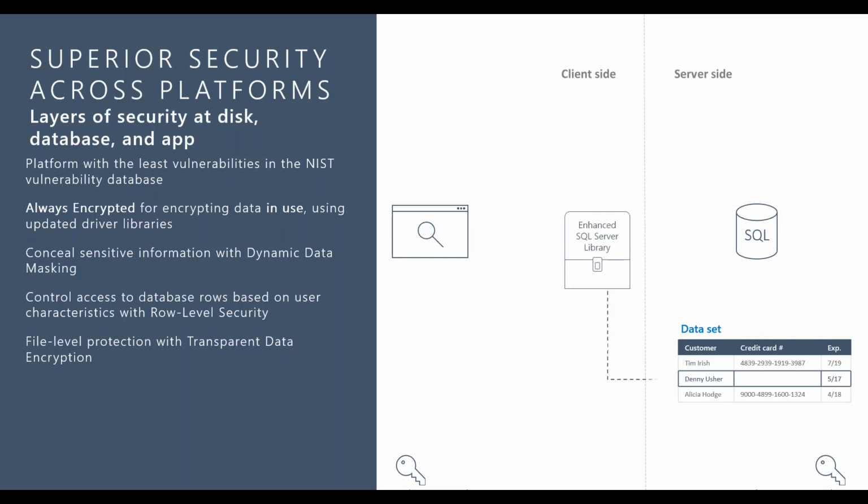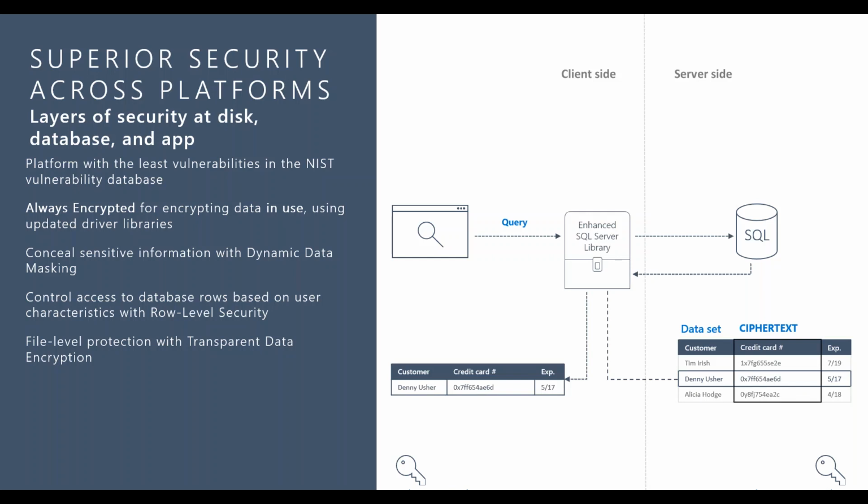So in this case here, my client has this enhanced SQL Server library. It makes a query. You'll notice that on the database side, all credit card numbers are stored as hashes. But when that record comes back to the client and the client runs through this library, it actually decrypts the hash and presents the actual unencrypted value back to the user in the application.